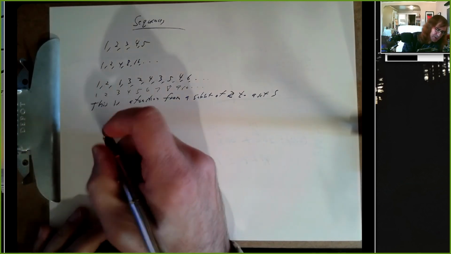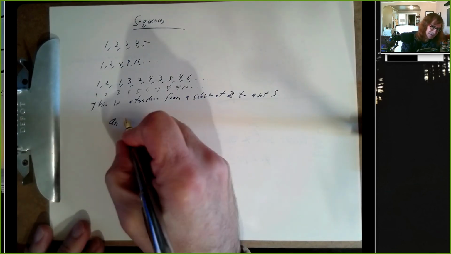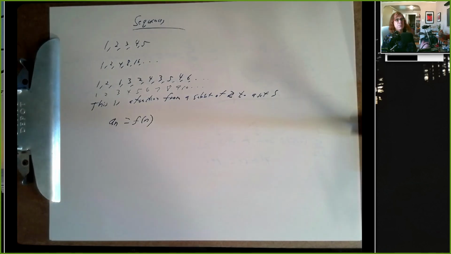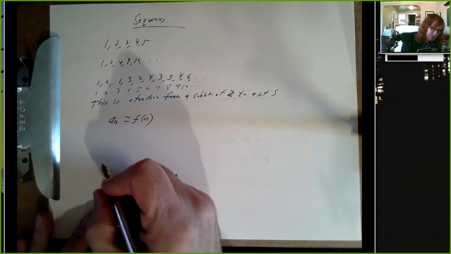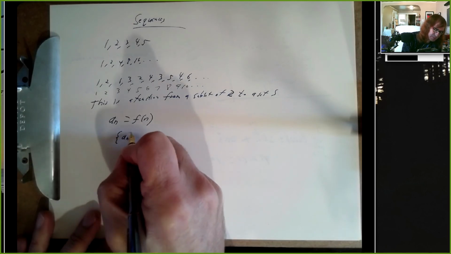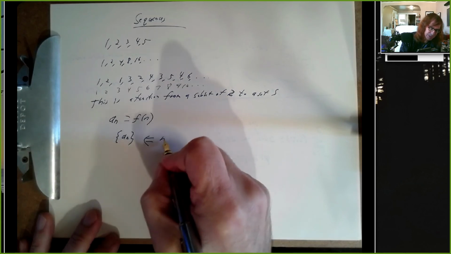All right, so we might write a sub n, the nth term of the sequence, which is just f of n, where f is whatever function corresponds to this sequence. And sometimes we use the unfortunate notation like this. This is not a set.